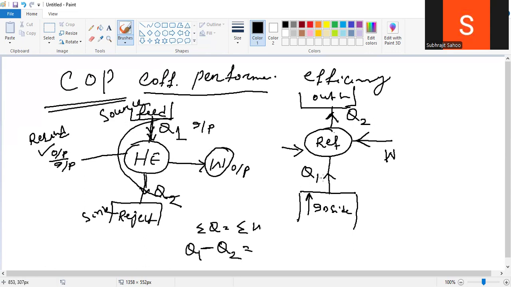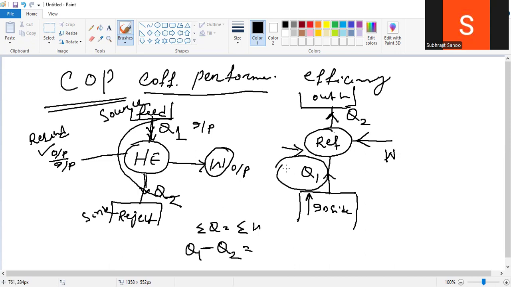Now observe. In this refrigerator, which one is the requirement? The requirement is heat extraction. Cooling is the requirement, and cooling is nothing but heat extraction.